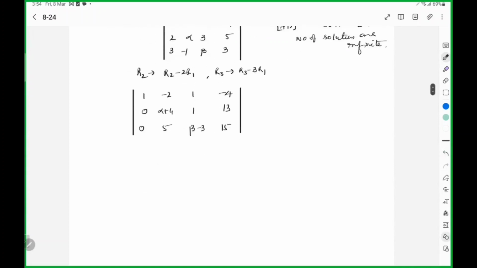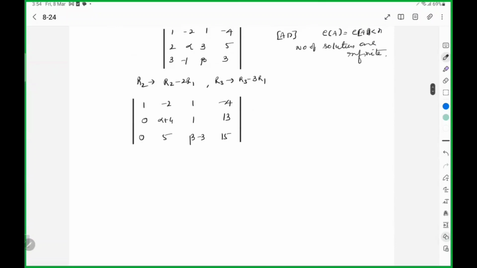So further, what I am doing to make it as 0, R3 is replaced by R3 minus 5 times R2. Here it is 1, minus 2, 1, minus 4; alpha plus 4, 1, 13; 0.